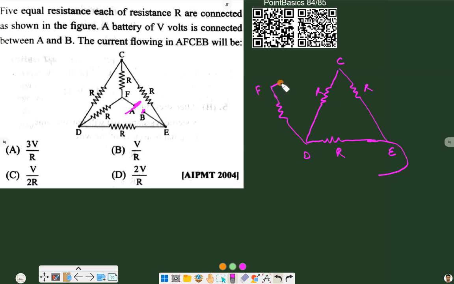This is point F, and these are again R, R, and this F is connected to the battery. So this is connected to the battery, something like this. And now if you see it, this is a Wheatstone bridge, and the bridge is balanced, so there will be no current in this part, so we can ignore this one. So let's ignore it.